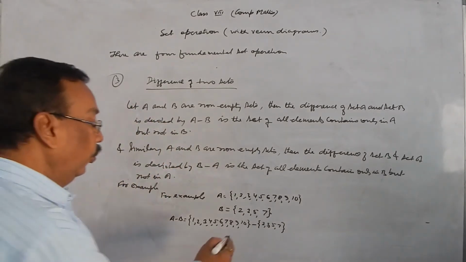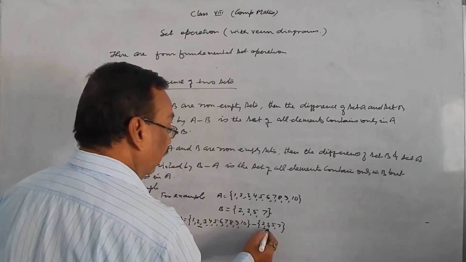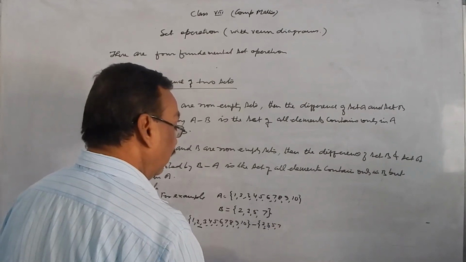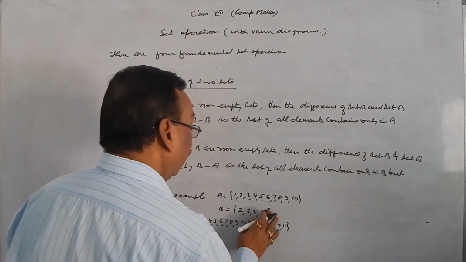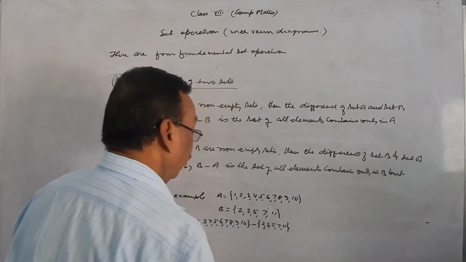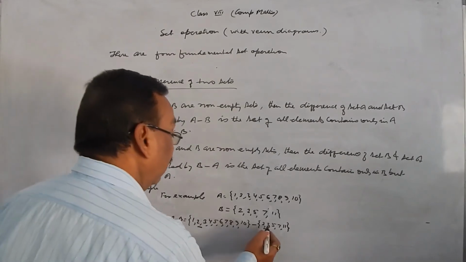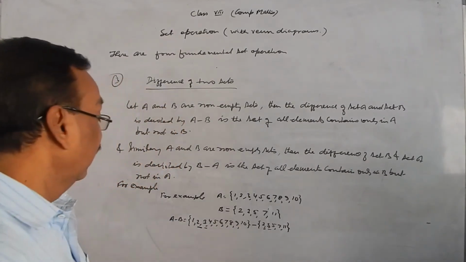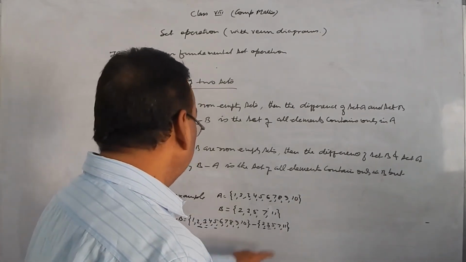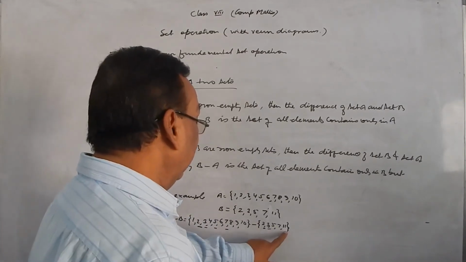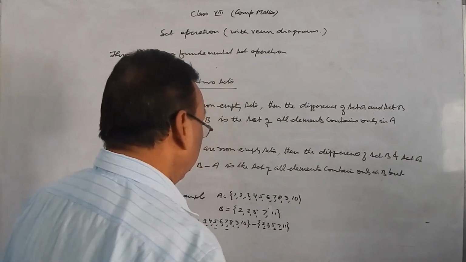Now we will see, 2 is here, 2 is here, 3 is here, 3 is here, 4 is not here, 5 is here, 5 is here, 7 is here, 7 is here, 11 is not here, so we will not write.